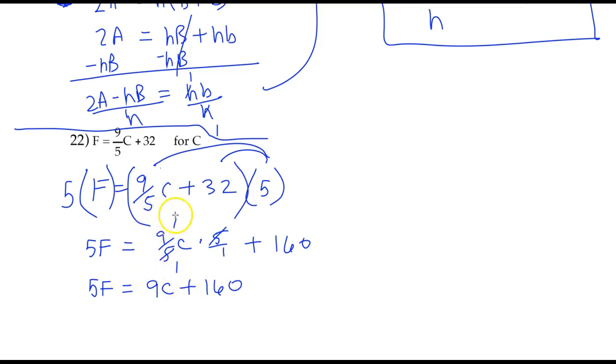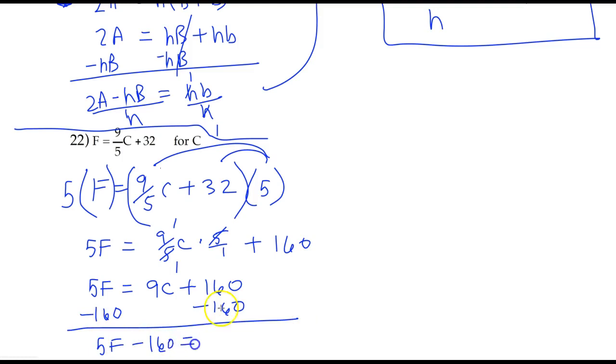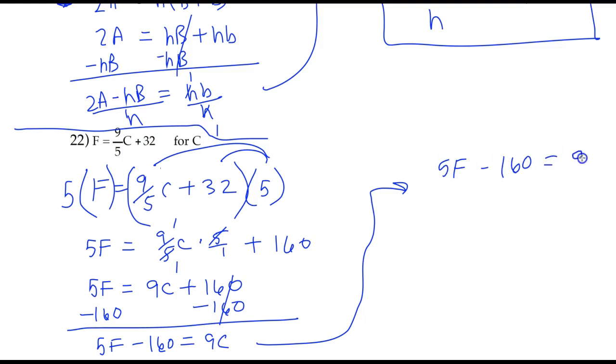And then from here, we need to solve for c. So now what I can do is subtract 160 from both sides. That's 5f minus 160 equals 9c. And then you can see from here, if I divide both sides by 9, then I'm going to end up with the same thing I had before.